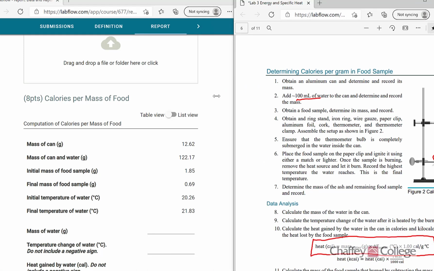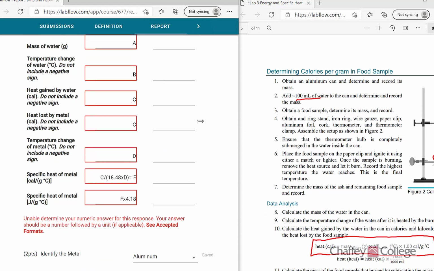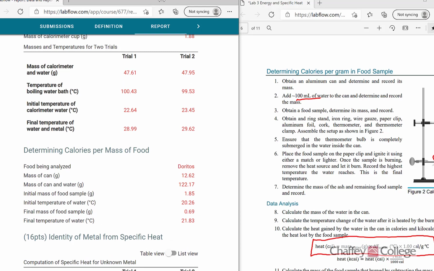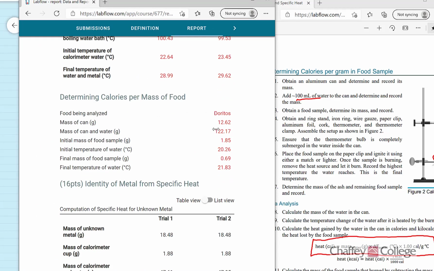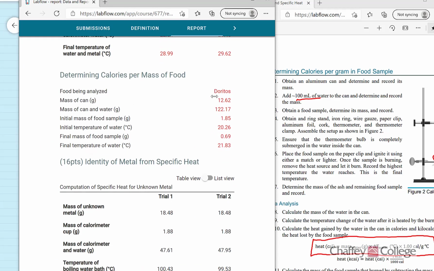When you go back to your lab flow, you will get some data already given to you. For example, the food sample which we analyzed was Doritos, so maybe one Dorito chip. The mass of the empty can was 12.62 grams.